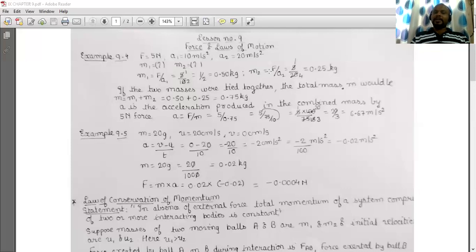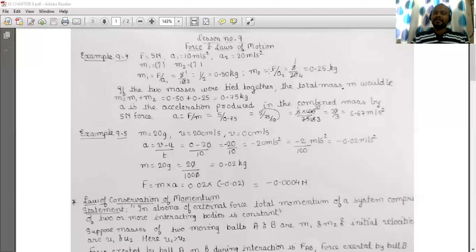Now you are told that if the two masses are tied together, what would be the acceleration? So if the two masses were tied together, the total mass m would be m1 plus m2, that is 0.50 plus 0.25, which is equal to 0.75 kg.